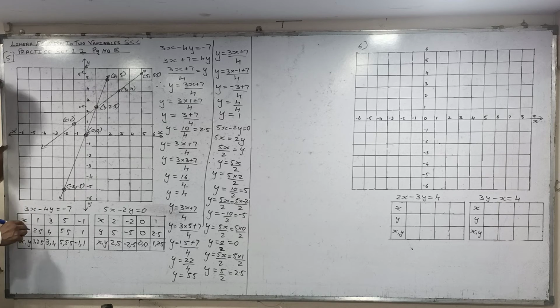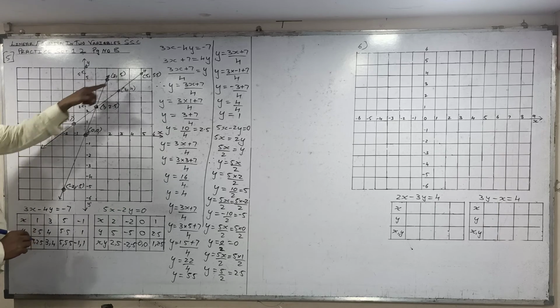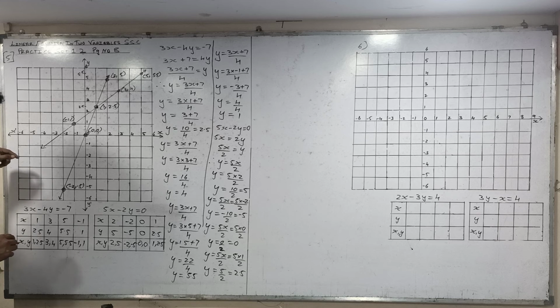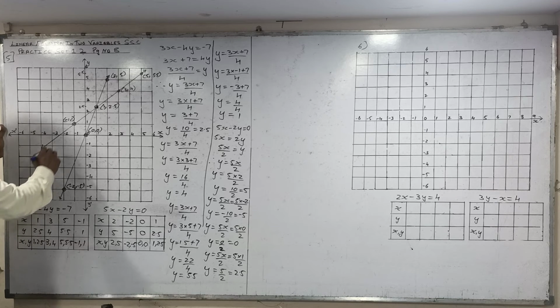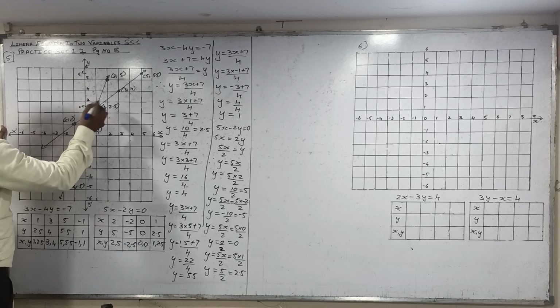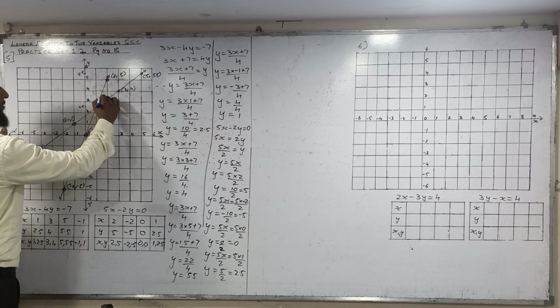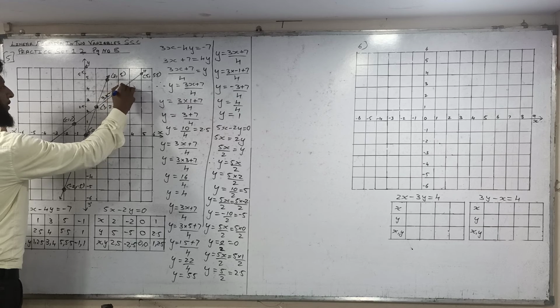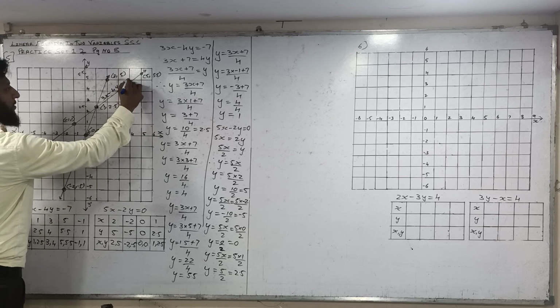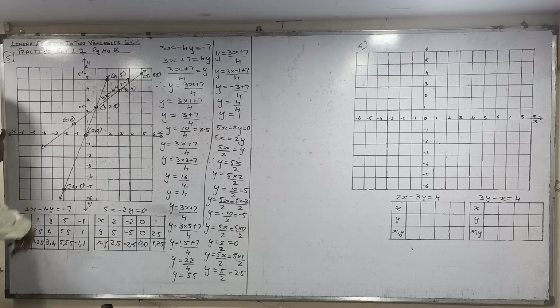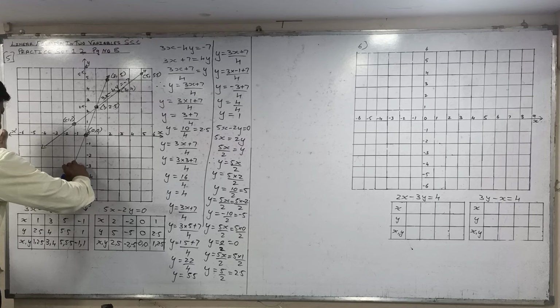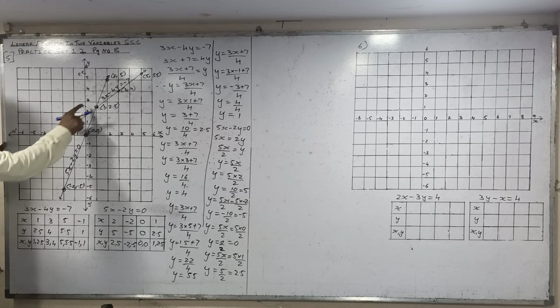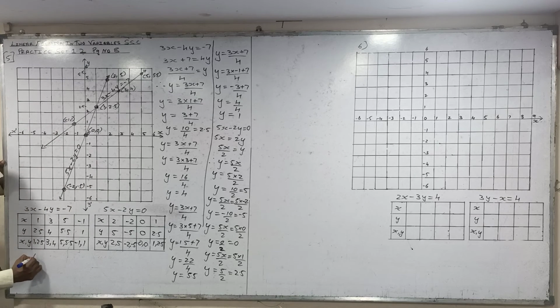Now we are writing the equation. First this line. So this line having equation 3x minus 4y is equal to minus 7, and this line having equation 5x minus 2y is equal to 0. Okay, so point of intersection we'll write here.